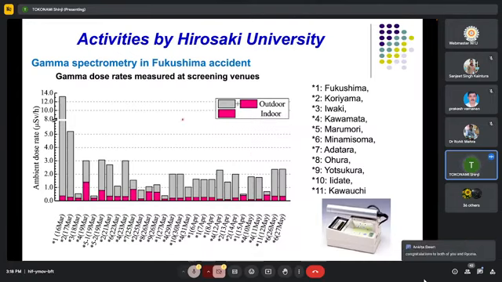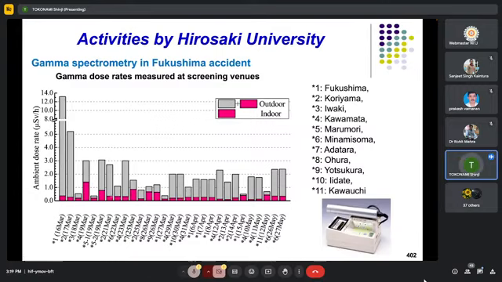But here is a result on the gamma dose rate at screening venues from March 16 to May 27. Here is outdoors in Fukushima. More than 13 microsievert per hour is not normal. Red one is indoor dose.